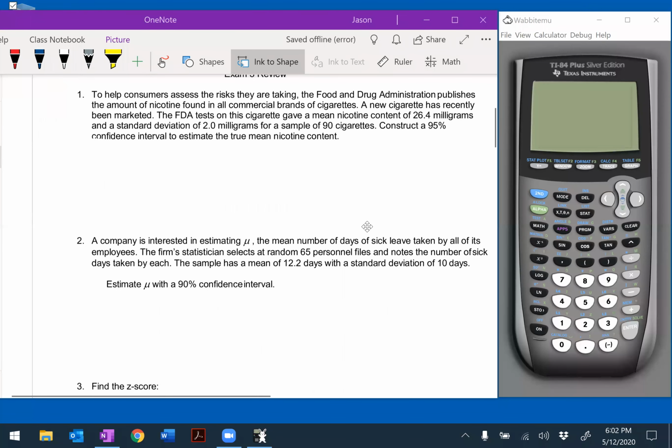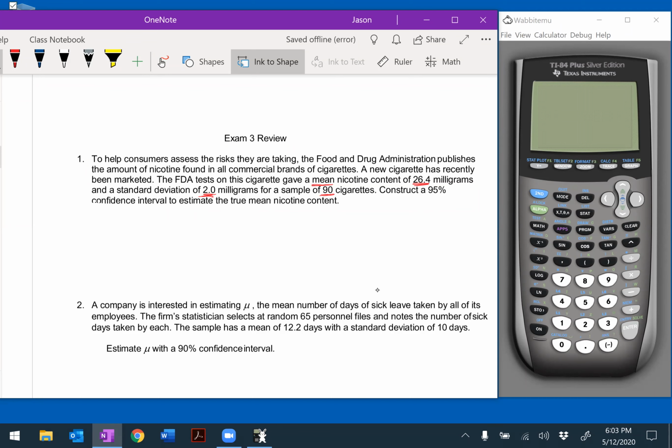Construct a 95% confidence interval to estimate the true mean of the content. So 95%, and we want this to be a confidence interval. Okay, so this is strictly a calculator problem.